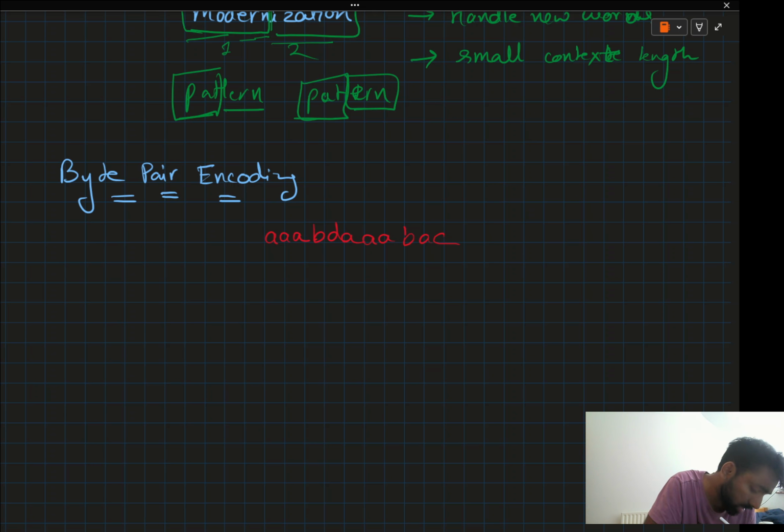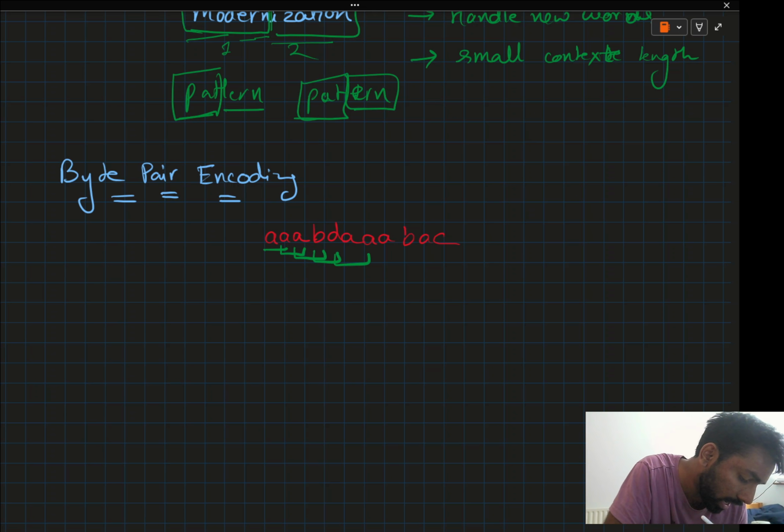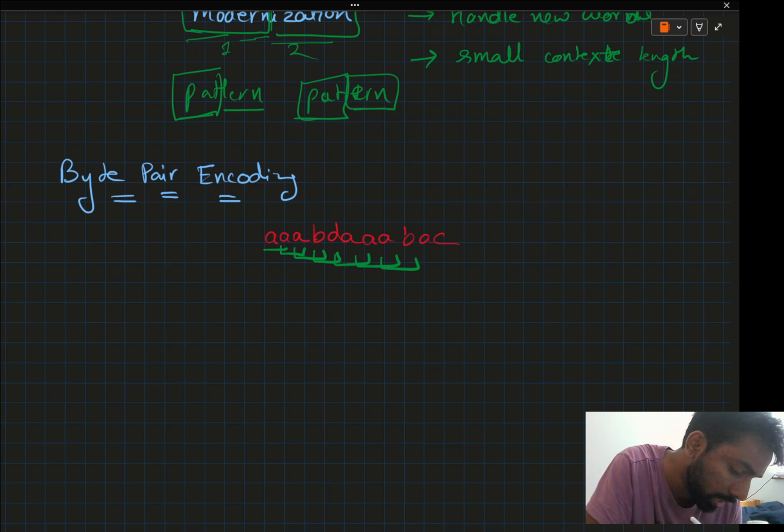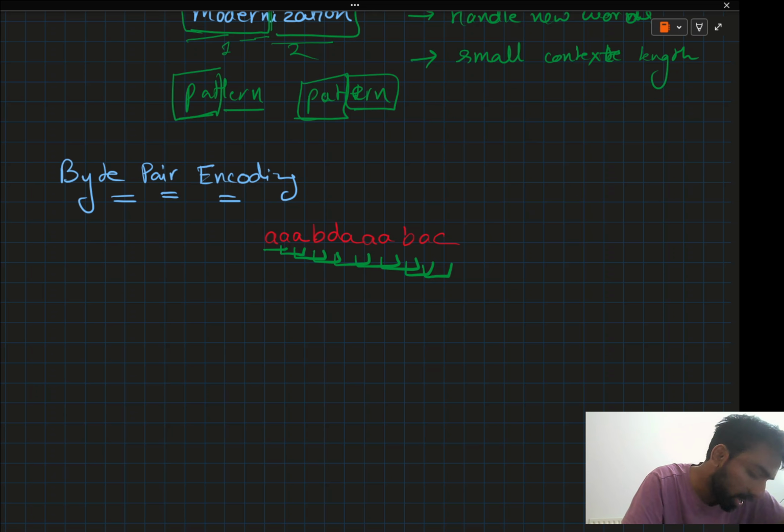For example, AA, AA, AB, BD, DA, AA, AA, AB, BA, AC. So these are different pairs. Now we see that AA is the pair which has been repeating 4 times, the highest number of token pair combination.